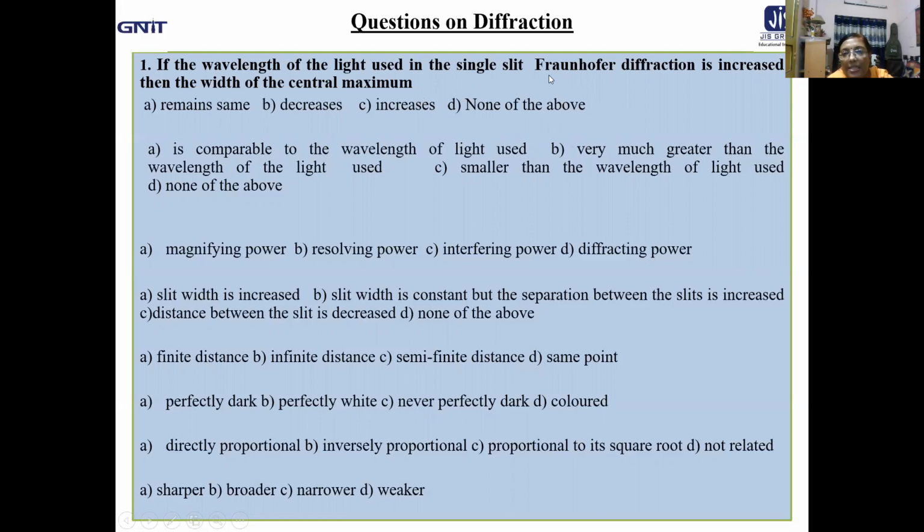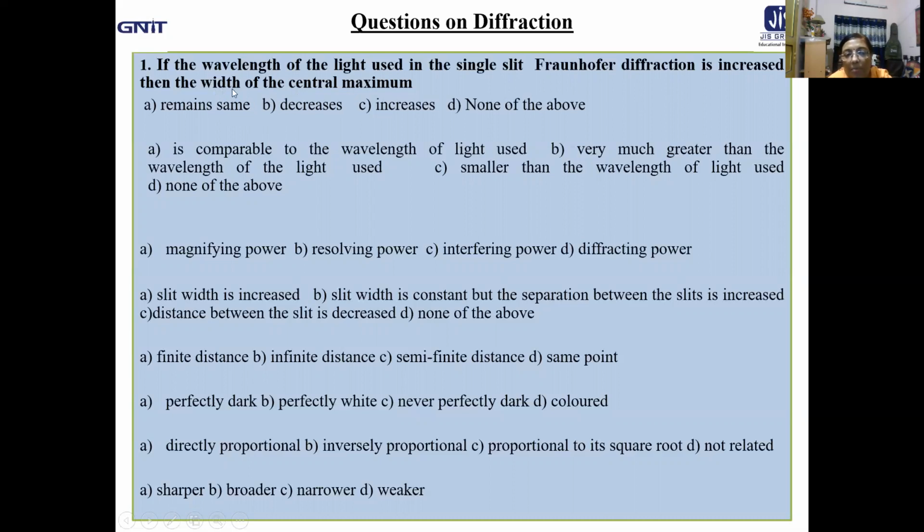Now this is single slit Fraunhofer diffraction and you need the width of the central maximum. That means you need to consider the value of 2 theta. 2 theta is the angle between the two first order minima. So the central maximum lies between two first order minima.